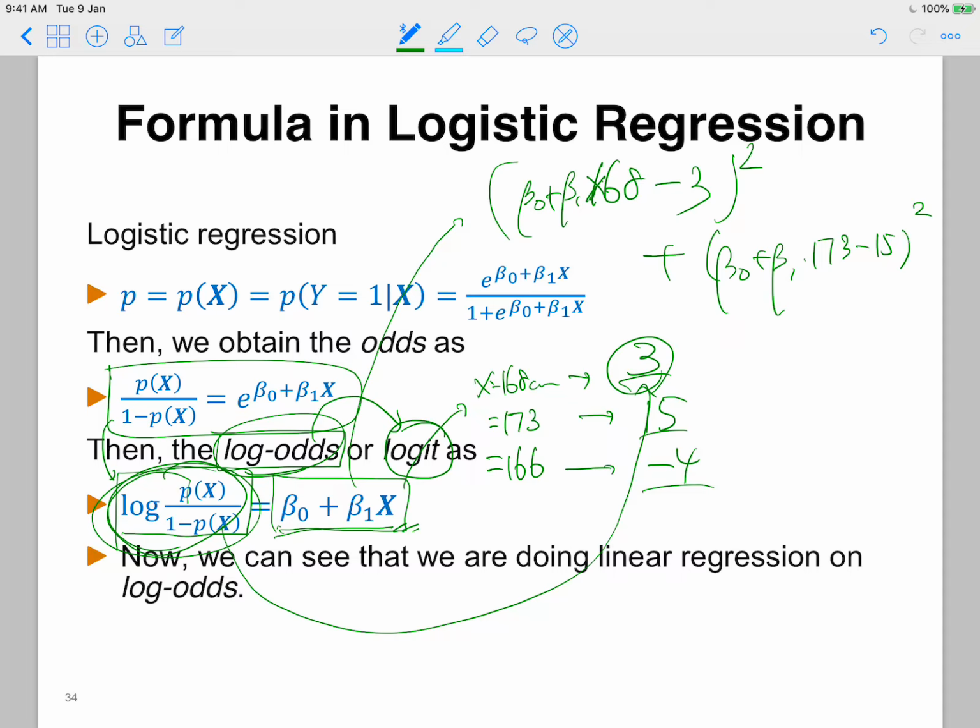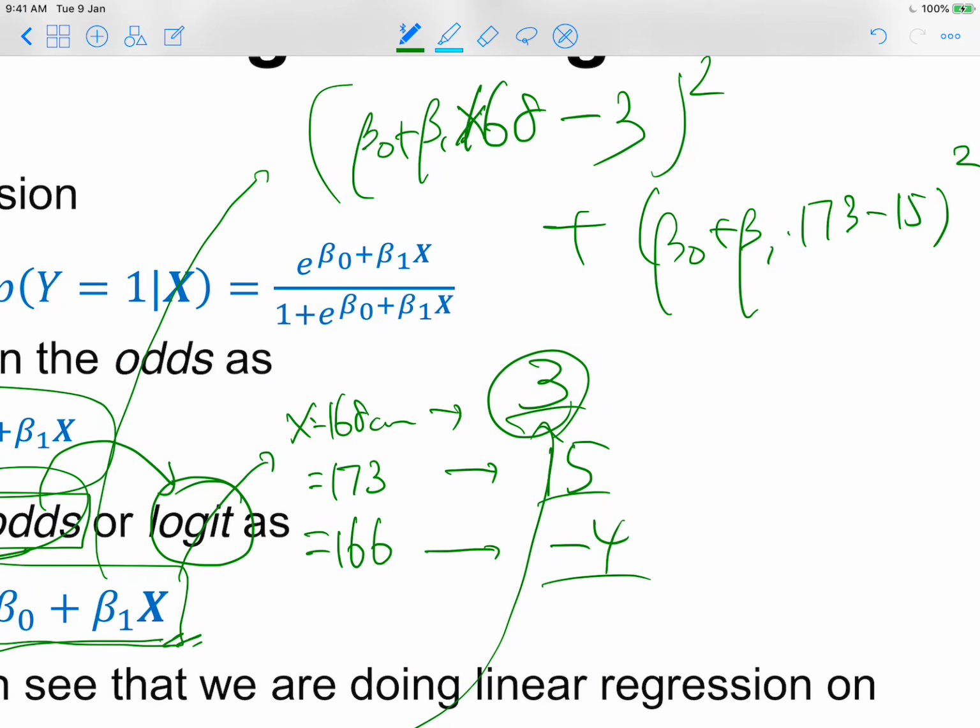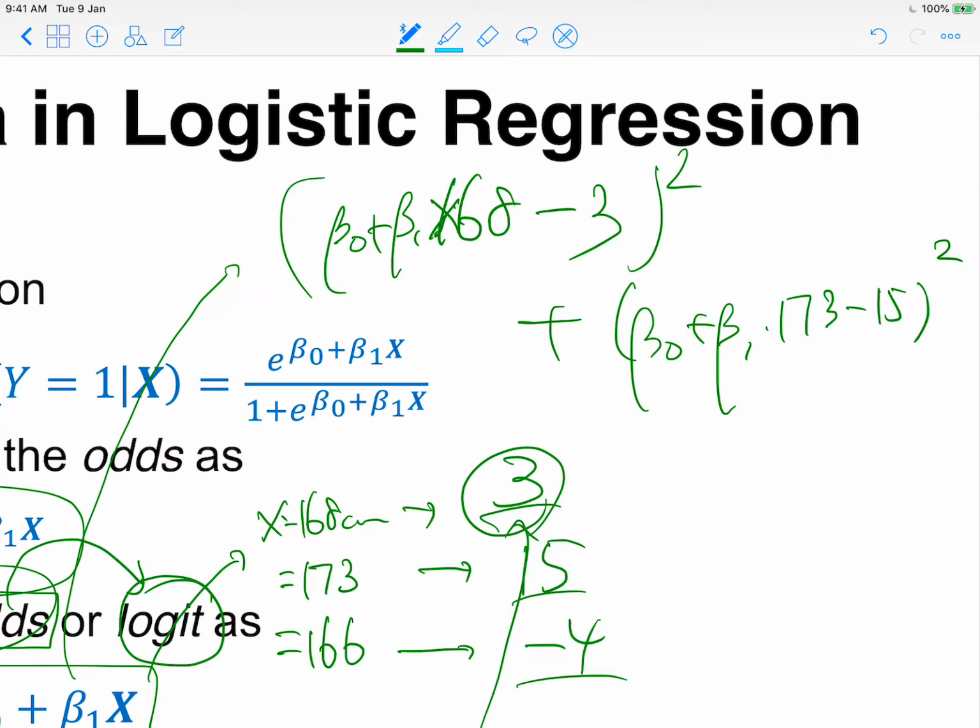It considers the difference between the model output and the target value, takes the square of it, and sums over all the data items. Then we minimize it by computing the gradient with respect to beta 0 and beta 1, and we obtain beta 0 and beta 1 as our optimal values.